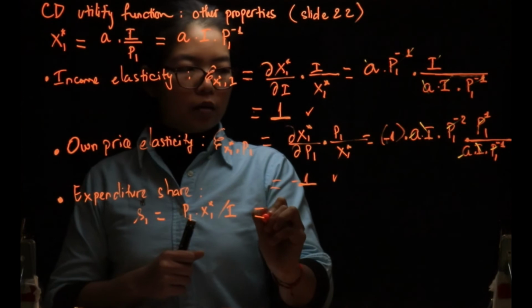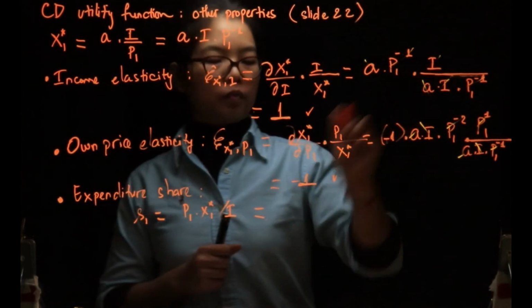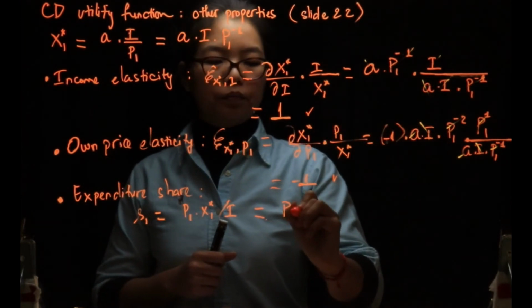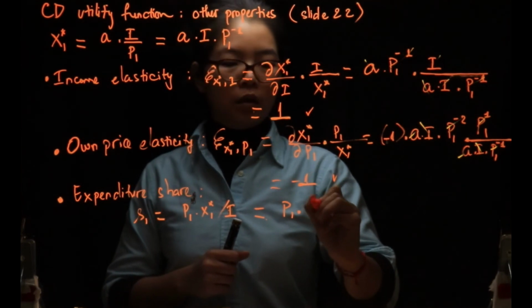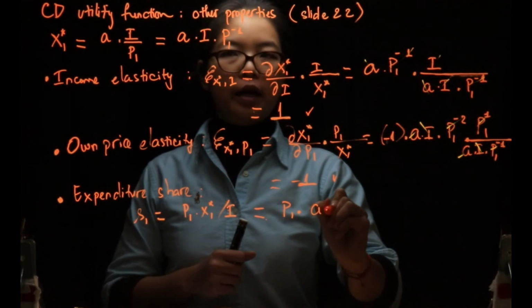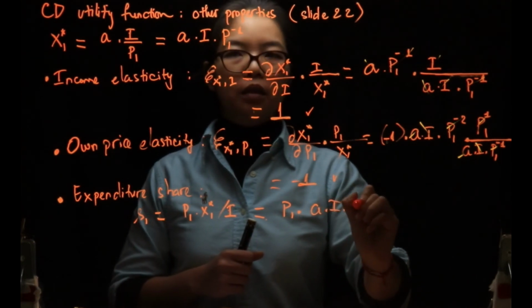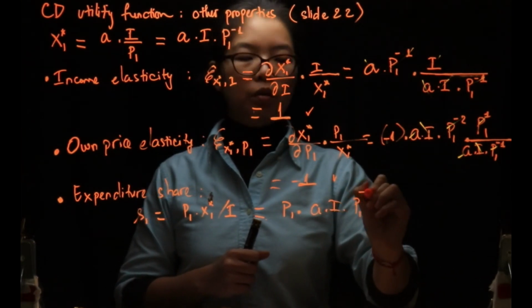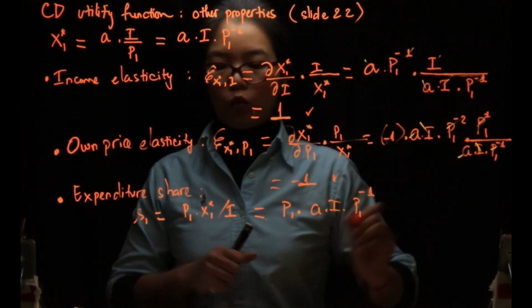So in that case, let's plug things in. P1 times X1 star is A times I times P1 to the power of minus 1, right?